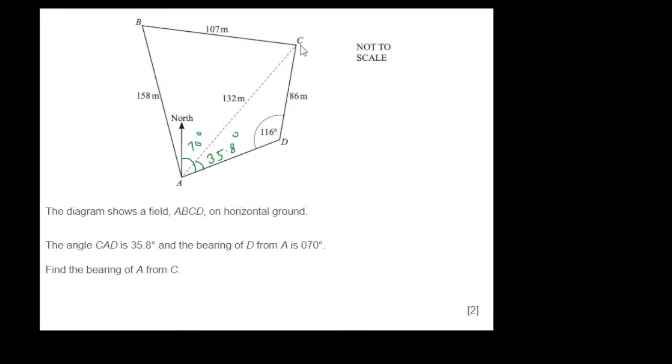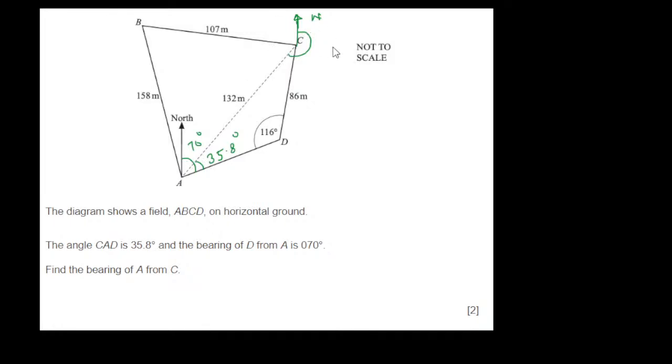To find the bearing of A from C, here at C we will draw a vertical line north. We have to find this whole angle. We don't know whether this line is a straight line, but we know that this and this are parallel.